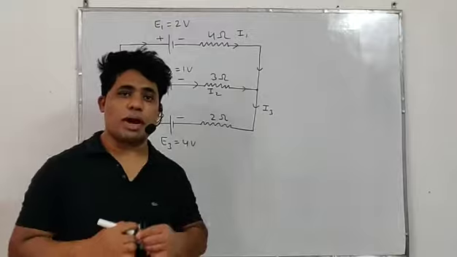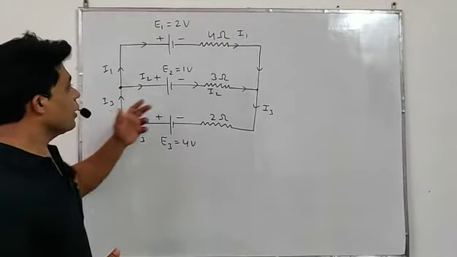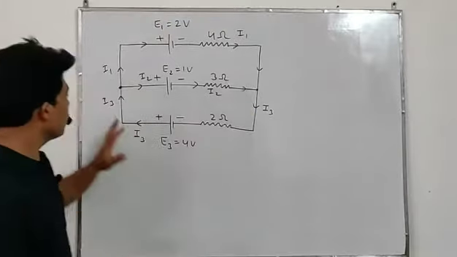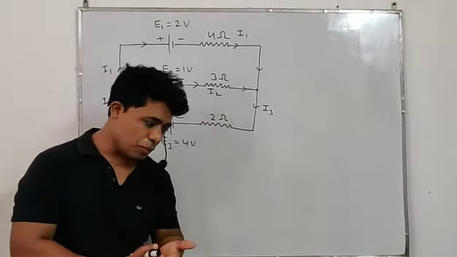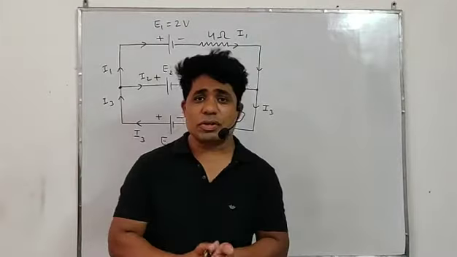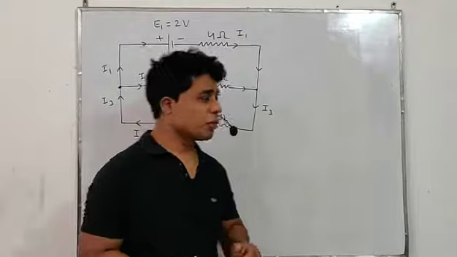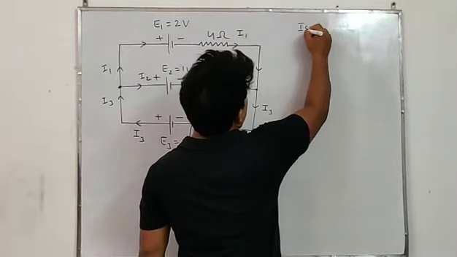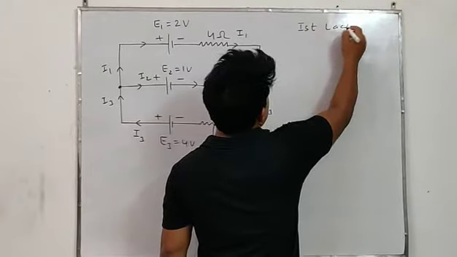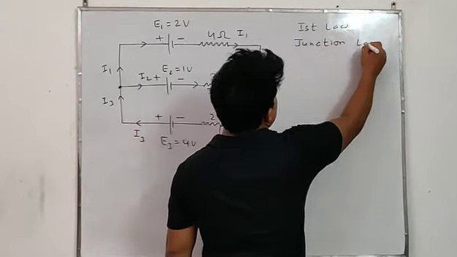Now we are asked to find the amount of current I1, I2 and I3. So we have to find all these currents using Kirchhoff's law. I am going to apply Kirchhoff's second law, called the loop law, as well as the first law. Look at it, first of all I am going to apply Kirchhoff's first law, also called the junction law.